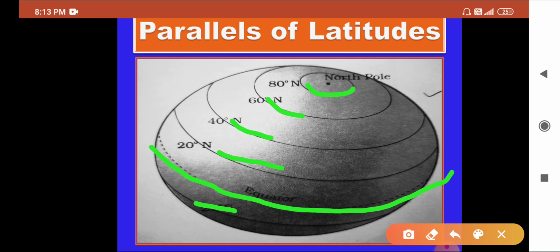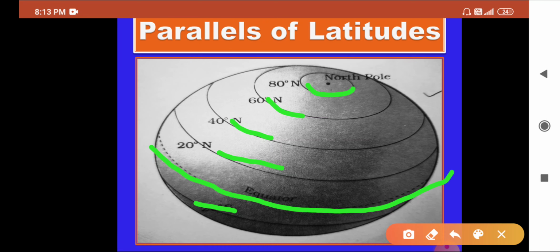Here you have to understand that these are imaginary lines on the Earth's surface which are parallel circles from the equator up to the poles in the northern hemisphere, and from the equator to the pole in the southern hemisphere.